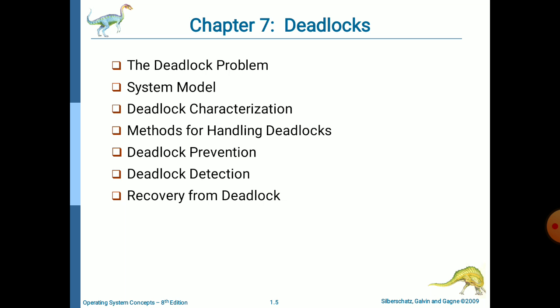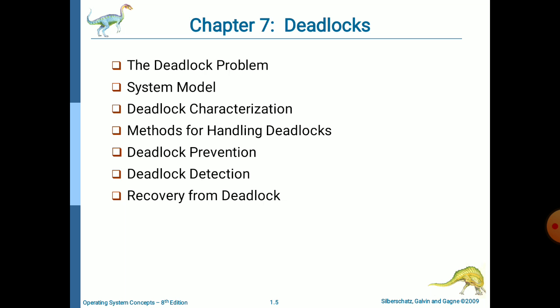So in this chapter we are discussing the definition and problem statement of the deadlock, how the system is modeled which may create deadlocks, and deadlock characterization. What are all the characteristics of deadlock that we are learning here, and methods for handling deadlocks.